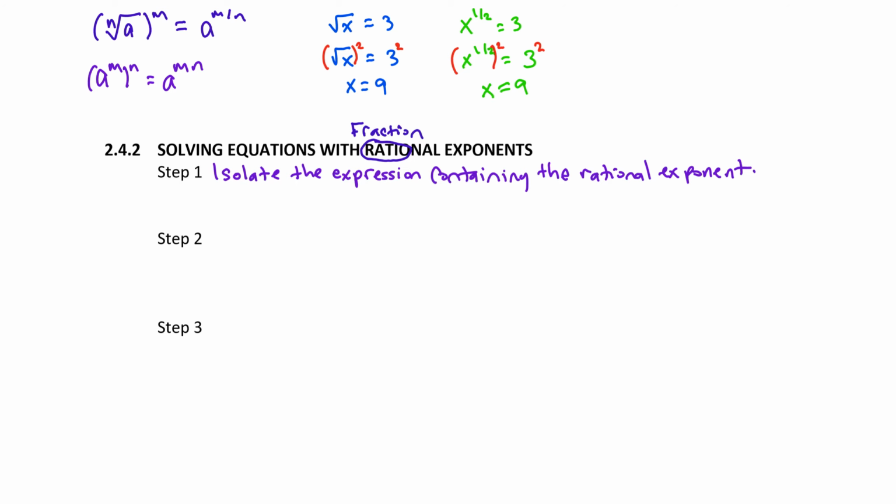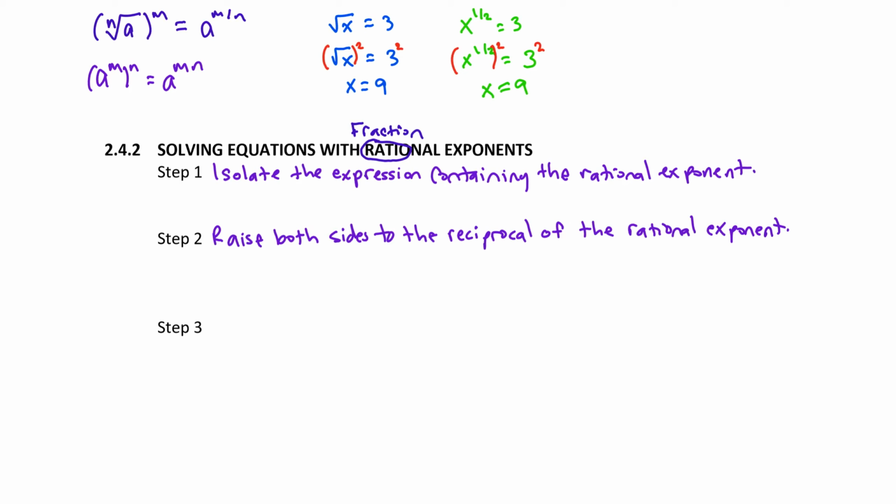Isolate the expression containing the rational exponent, and then step 2, we're going to keep this very general so that we can deal with exponents other than 1/2. Step 2, raise both sides to the reciprocal of the rational exponent.